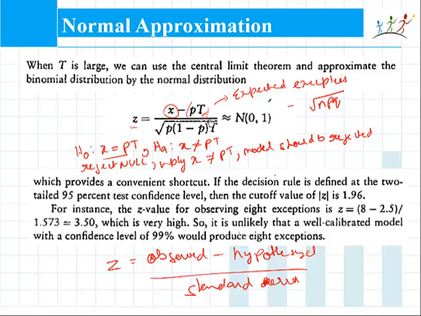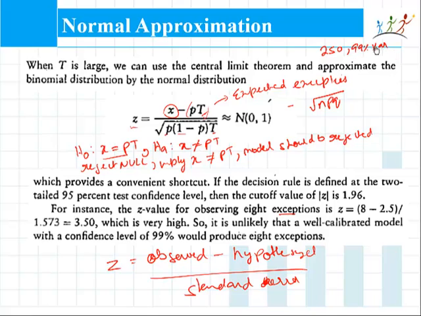So that will be the square root of NP into (1 minus P). So for example, the Z value for observing 8 exceptions in the previous example, wherein we had 250 trials and a 99% VAR.